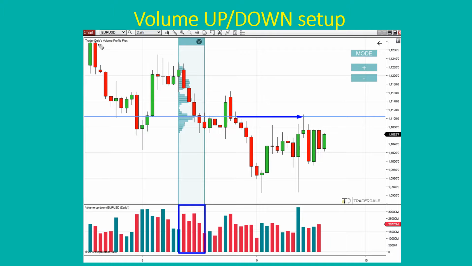So, this is the Eurodollar daily chart. In here you can see that there was a significant volume spike. Those volumes were bigger than the volumes around them. So you select this whole area with a flexible volume profile and you identify the heaviest volumes within this area. It's in here.